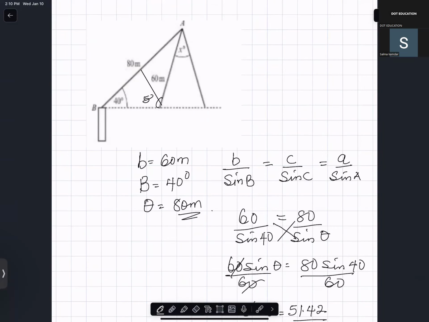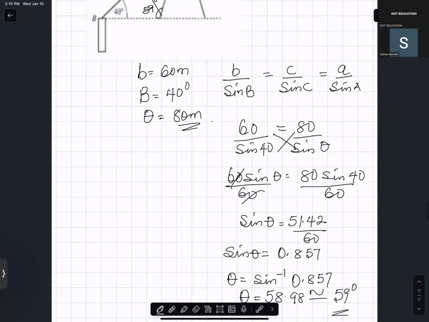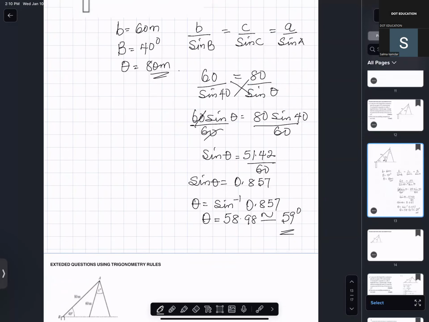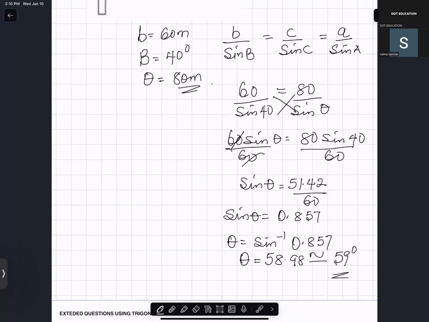Like I said earlier, your sine rule can give us two possible values of theta. Two possible values. And how do we get the two possible values of theta? So we say the other value is 180 minus theta given. We found theta as 59 degrees.